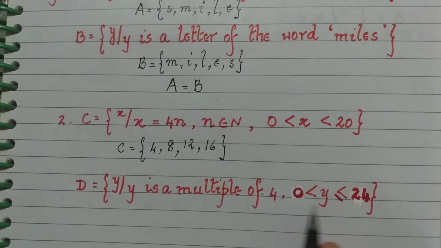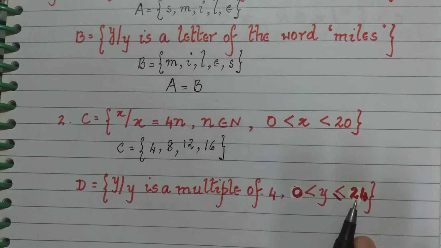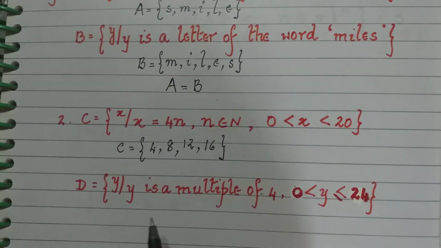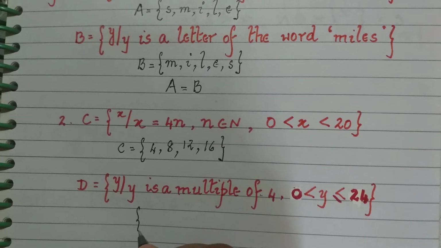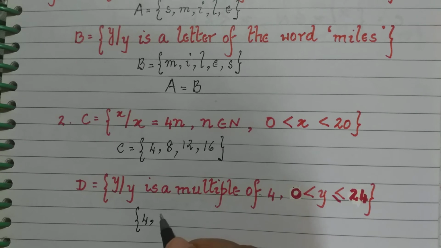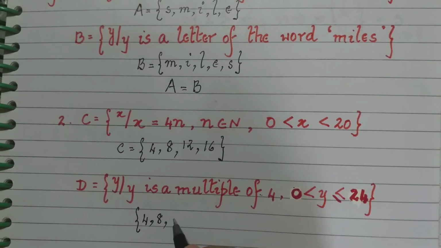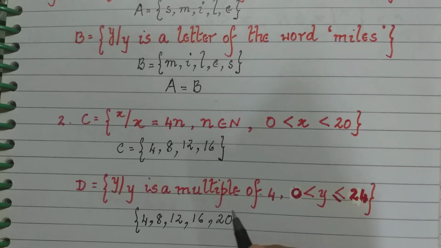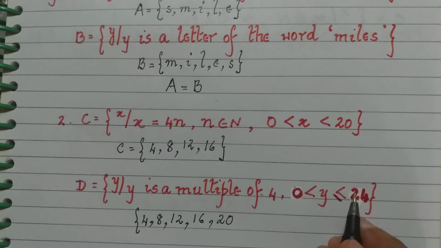Now, if it is a multiple of 4, the first multiple of 4 is 4. After that we have 8, then 12, then 16, then we also have 20. Then we also have one more multiple of 4, which is 24.